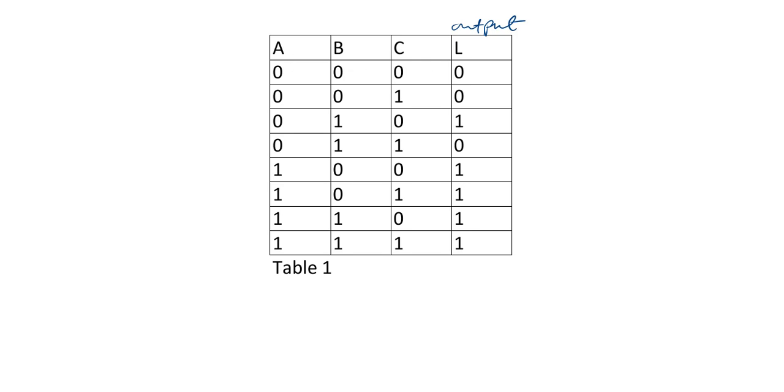So when deriving a Boolean expression from a truth table, you only consider the rows that have an output of 1.